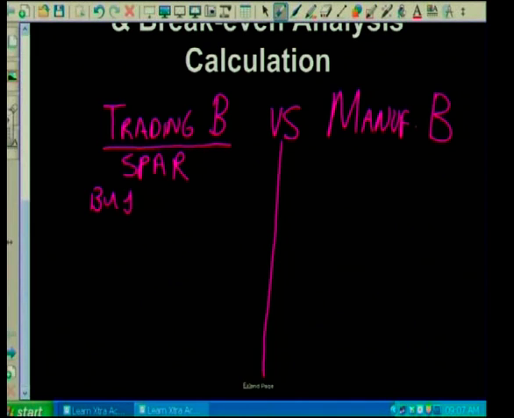I've got an Aero chocolate. So Spar obviously will buy this chocolate and then they will sell it to us, the consumers. Now, when Spar buys this Aero from Nestle, they will pay a cost price.